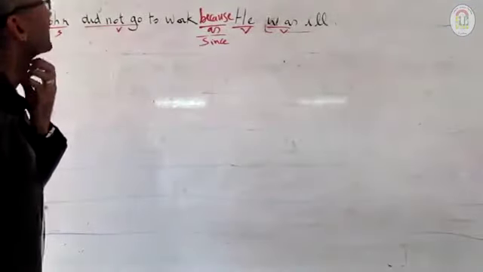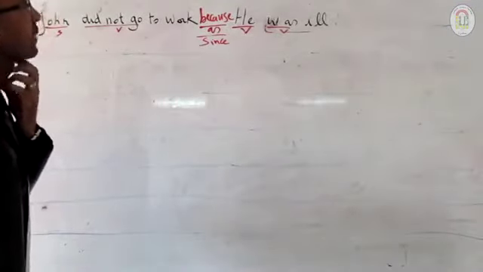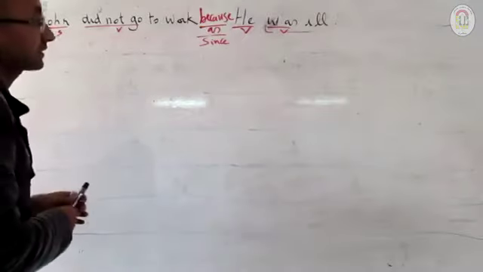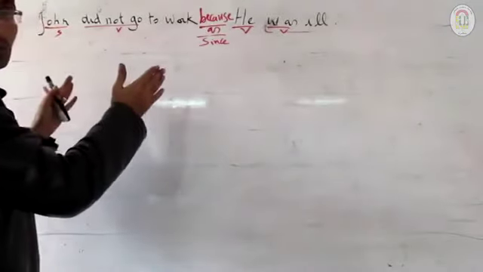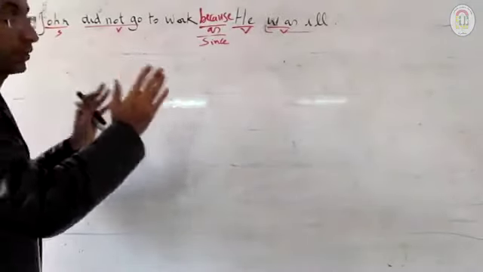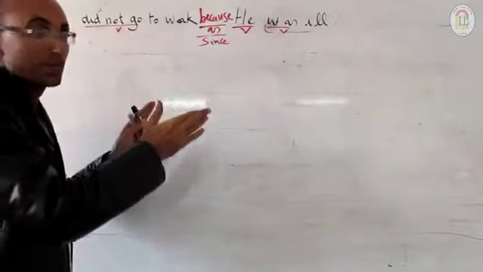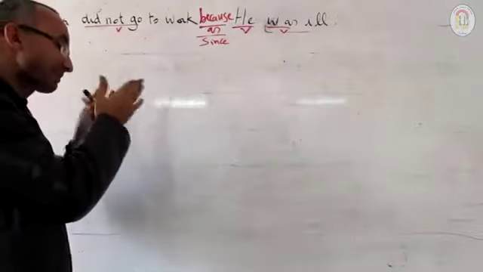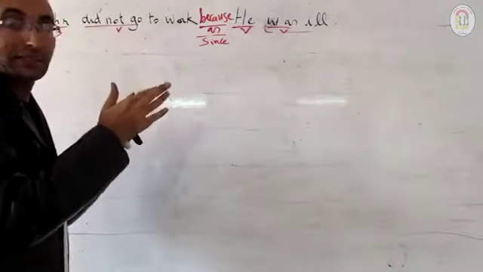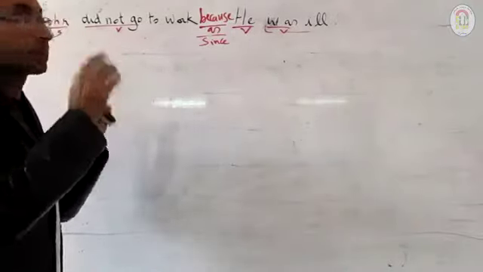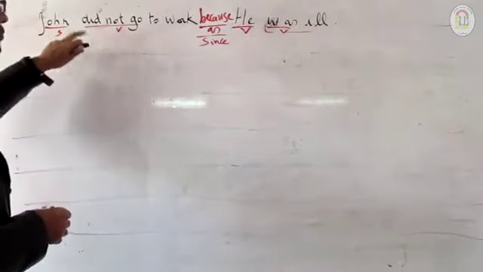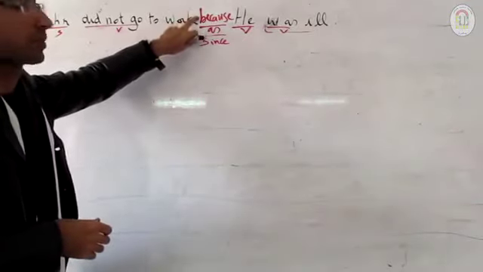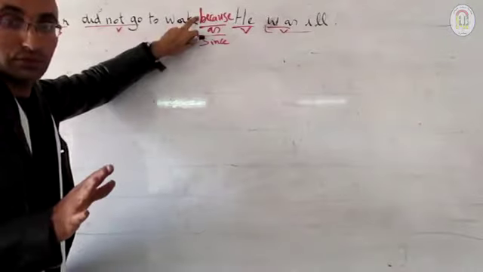Good. Now here I have what? A sentence which consists of two clauses. Because the clause represents S plus V. Whenever I have an S plus V, it's a clause, whether it is dependent or independent. Now, John did not go to work. Full stop. Is this one meaningful or not?